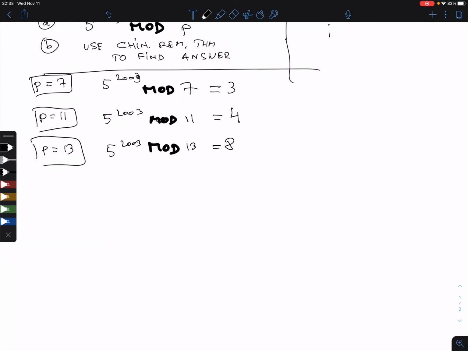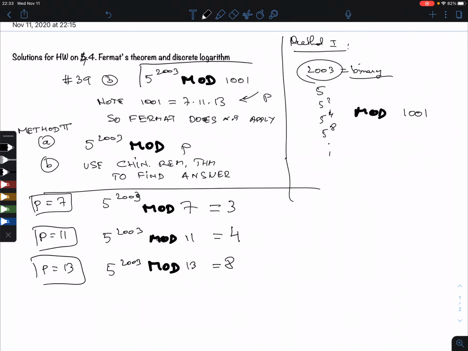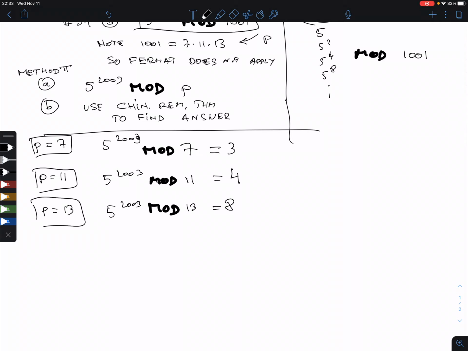What I'm looking for is this number. And I know that it is equivalent to 3 mod 7, equivalent to 4 mod 11 and equivalent to 8 mod 13.